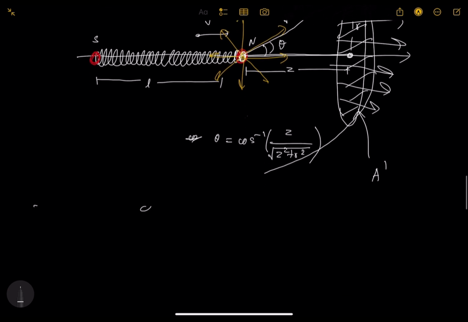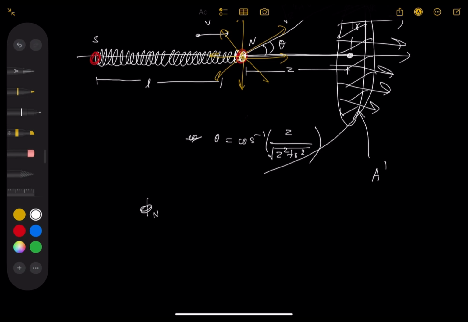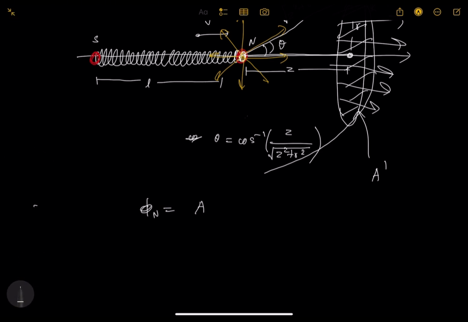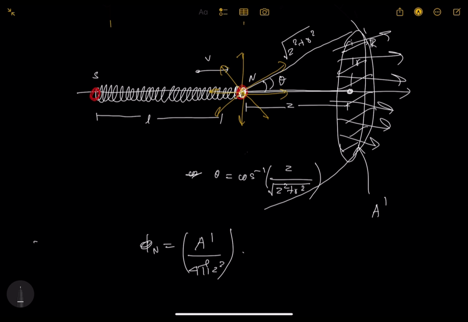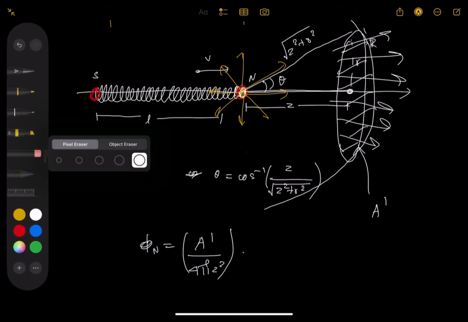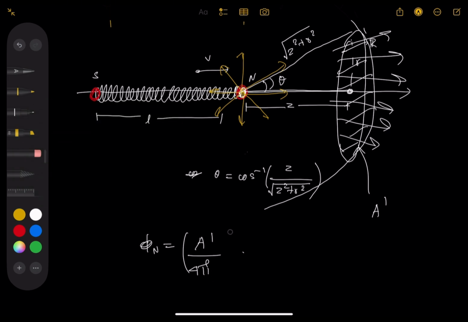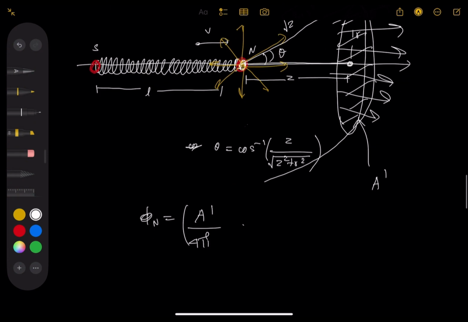And then the flux by the North Pole in the Amperian loop is basically going to be that fraction, A dash over 4 pi times z squared plus r squared, which is basically a way of asking what fraction of the total area of the sphere around the North Pole of given radius is actually covered by that bulged part through which we want to evaluate the flux.